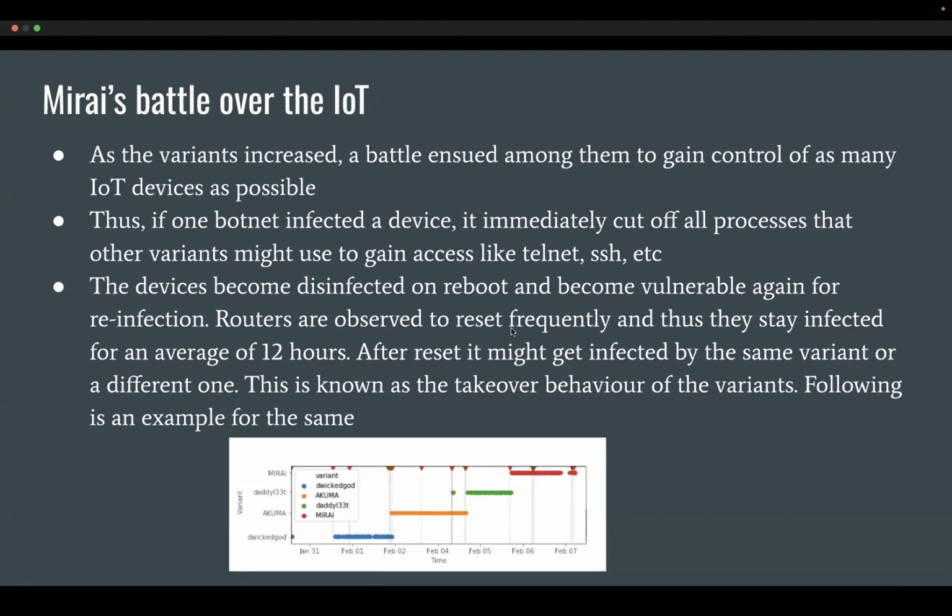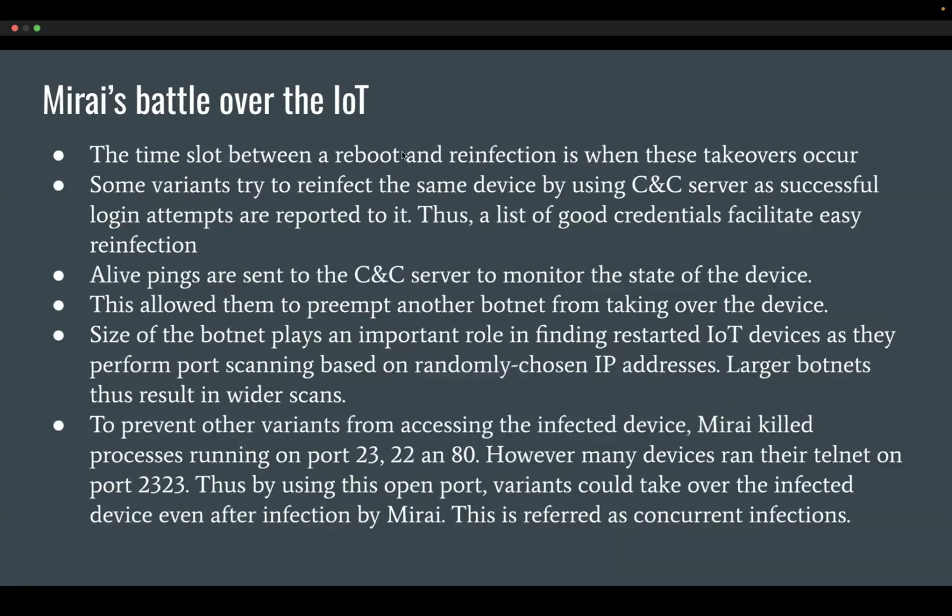Once you reboot the system, it becomes vulnerable again, and this time between the reboot and reinfection is where the competition happens. So this behavior is usually called takeover behavior. In the below graph, we see that there is certain overlap between the variants. This is when one variant took over the other in the time frame between the reboot and the reinfection.